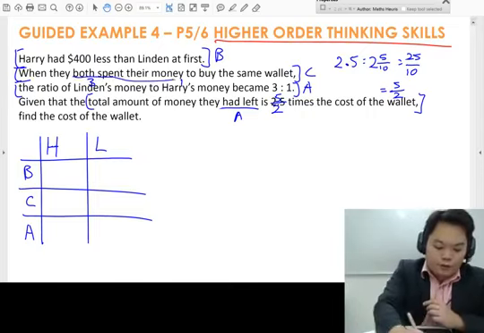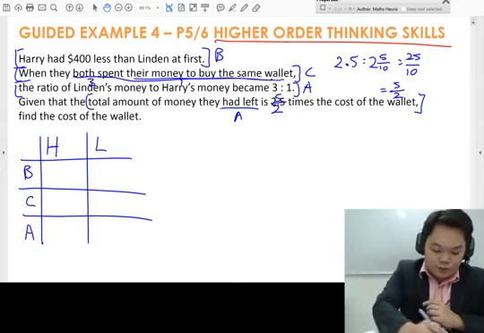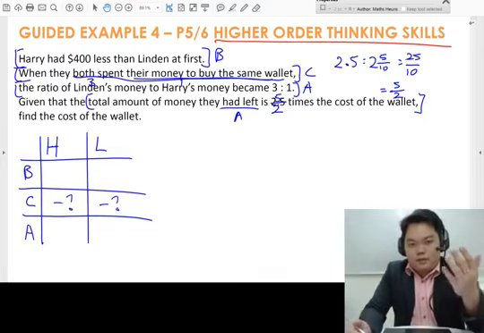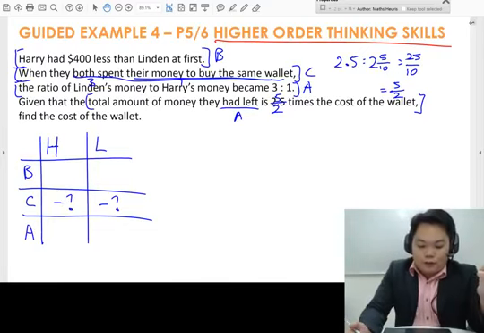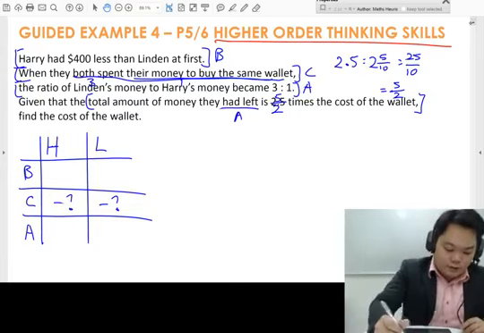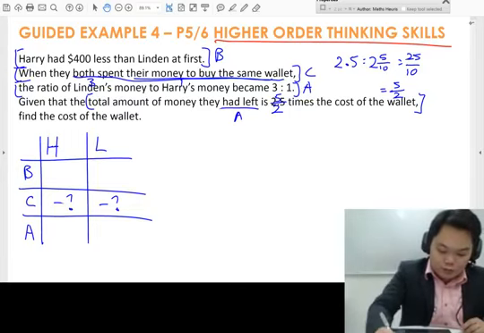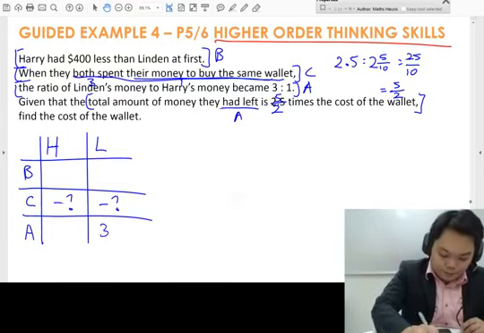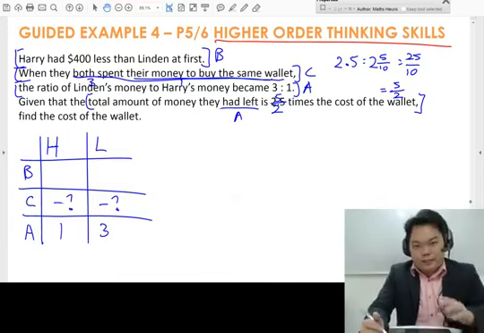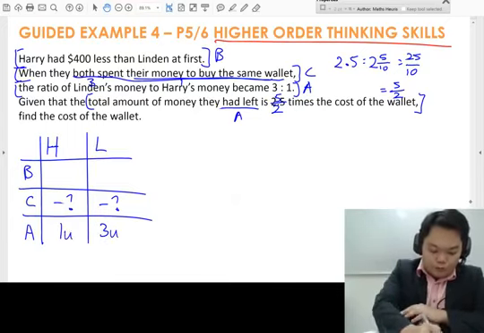If both of them spent their money to buy the same wallet, that means both of them would be spending the same amount of money. So the ratio now becomes 3:1. Now bear in mind that this is a proportion, so we use units here.